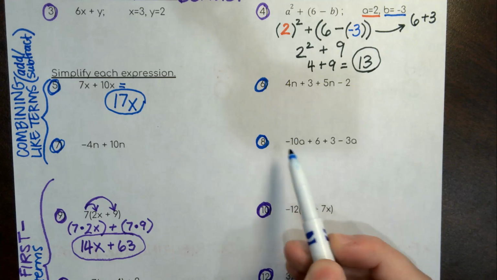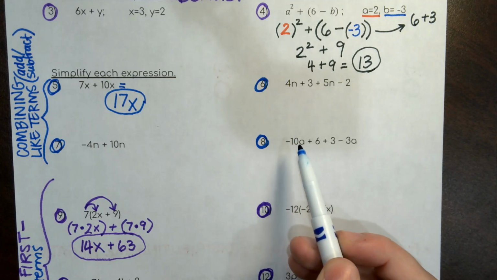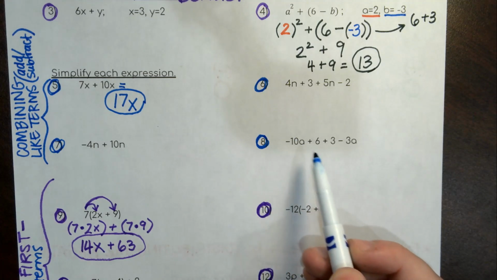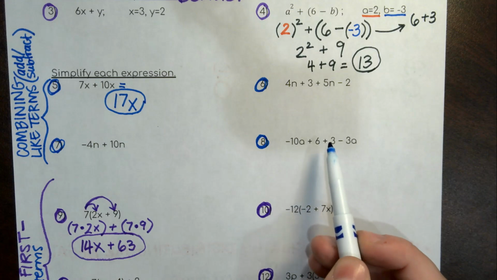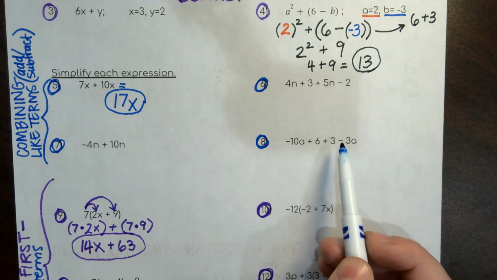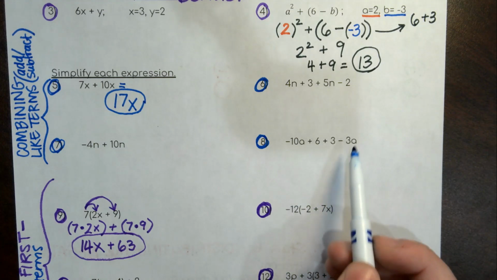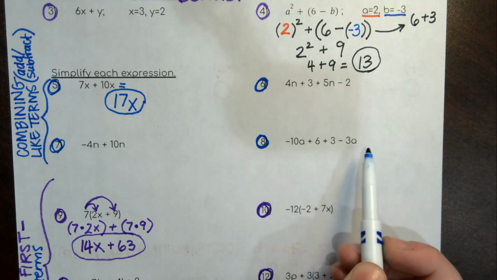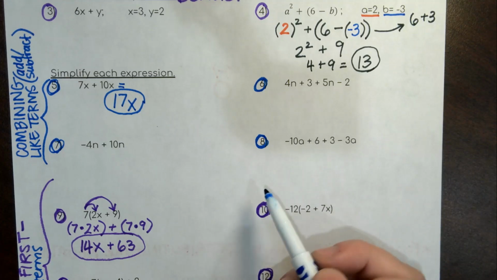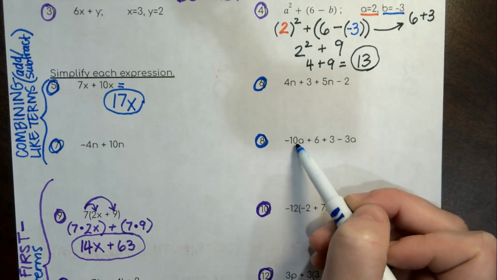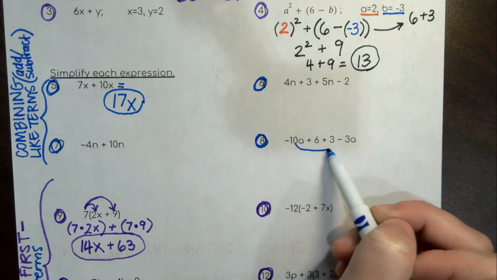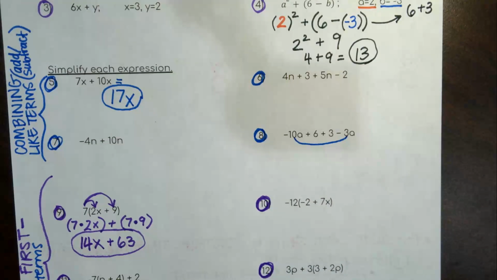So I see my first term is a negative 10a, then I have a 6, then I have a 3, and then I have minus 3a. So I can see already I do have 2 terms that both have the letter A attached. So I'm going to connect those so I know that those are going to get put together.